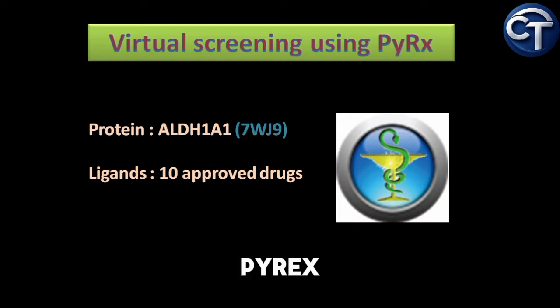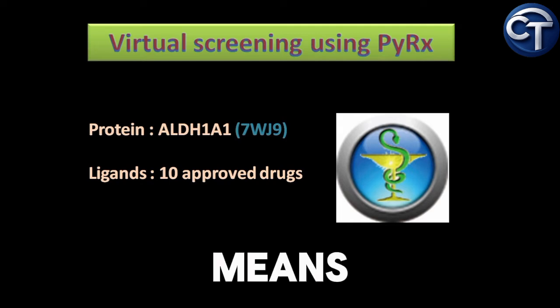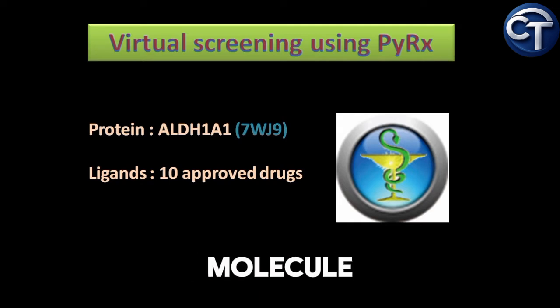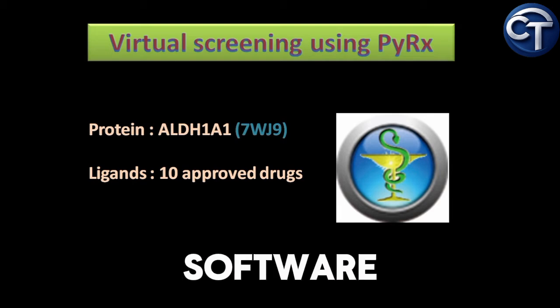In PyRx, the ligand molecules can be docked in batch mode. That means more than one ligand molecule is docked to the active site of the protein in a single go, and that is the advantage of using PyRx software. Moreover, it has a graphical user interface, which is one more benefit of PyRx software.